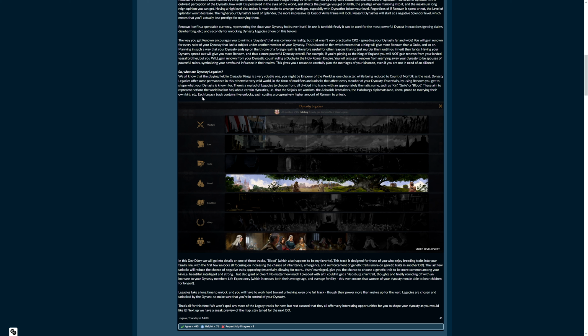Each legacy track contains 5 unlocks, each costing a progressively higher amount of renown to unlock. This reminds me of the old EU4 system of ideas, right? You have an idea tree, or an idea section, and then you unlock everything of it. And then that's it. But you can probably go and cross over here.